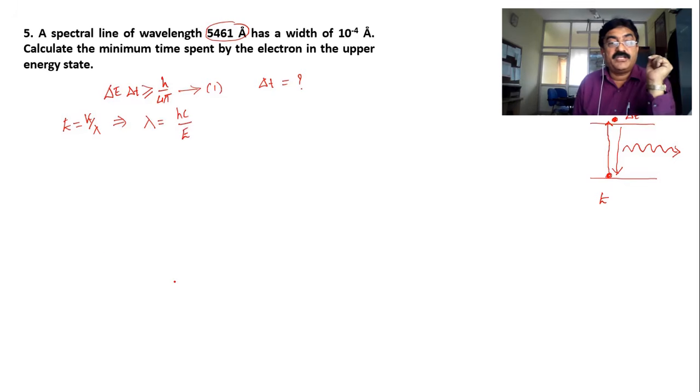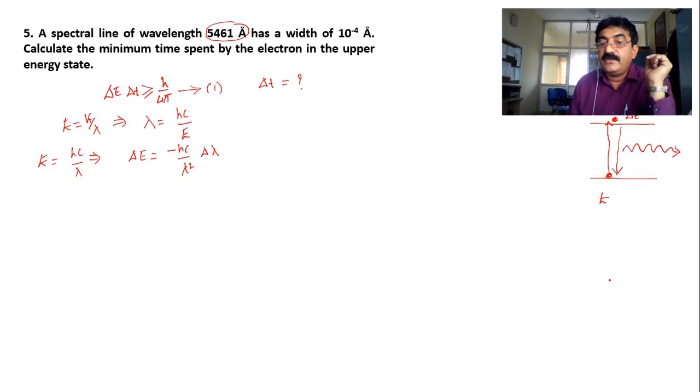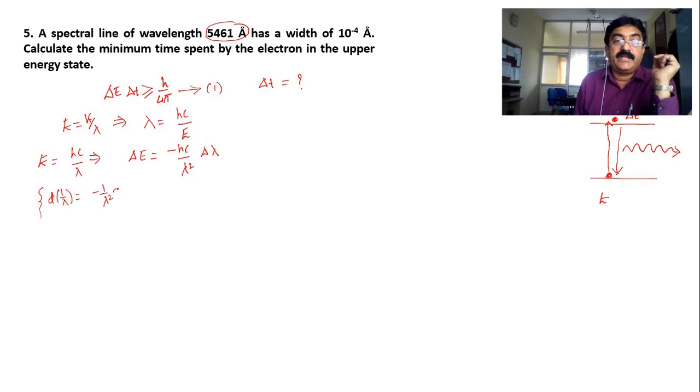You know this equation? Okay, so now I take E is equal to hc by lambda and differentiate this equation. Then delta E is equal to minus hc by lambda square into delta lambda. You know why? Because differentiation of 1 by lambda is equal to minus 1 by lambda square into d lambda.